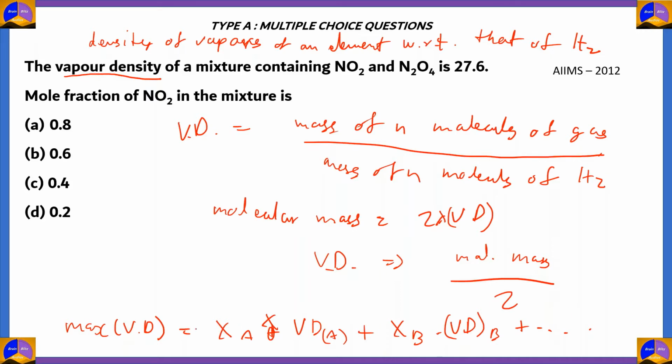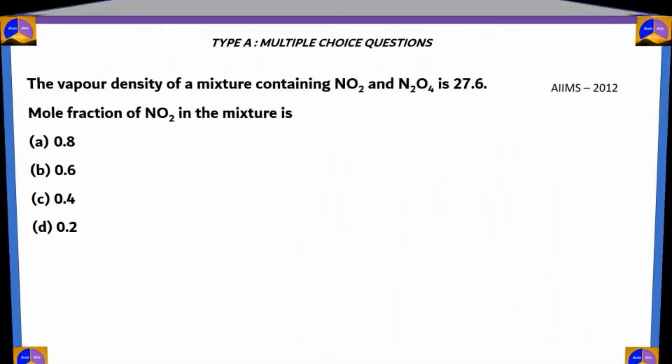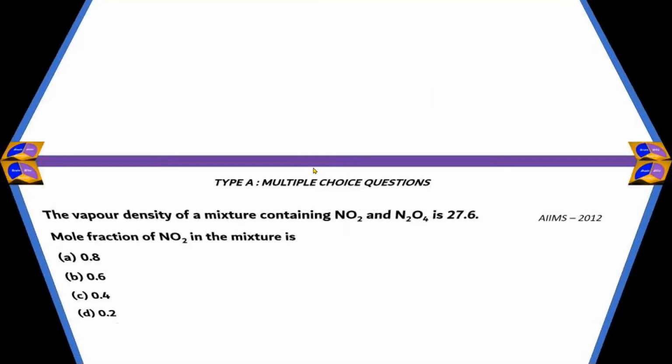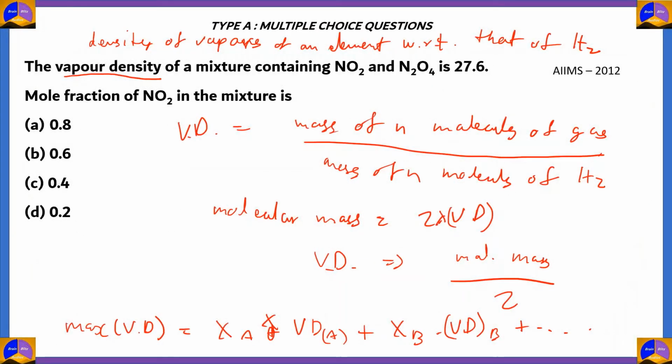So in order to find the mixture vapor density, we need to multiply the mole fraction to the vapor density. So now, over here, we're not given the vapor density of NO2 or N2O4, but we can calculate their molecular mass.